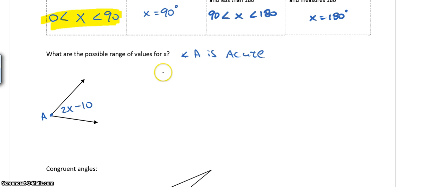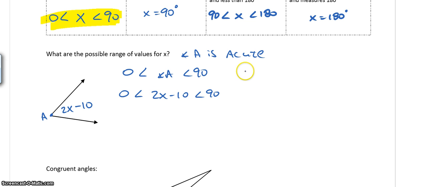We know angle A is smaller than 90 but bigger than 0, and we know angle A equals 2x minus 10, so I'm just going to substitute that in there. We really have to do two problems: set 2x minus 10 equal to 0 and 2x minus 10 equal to 90. We'll find the two extreme values, and then everything in between is going to work as well.